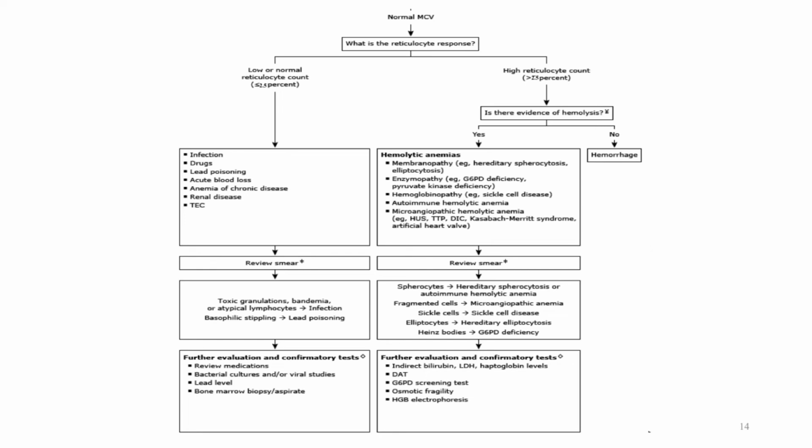If the patient has low hemoglobin but his MCV is normal, then we have two options. We have to do his reticulocyte count, which can be obtained from the peripheral blood smear.